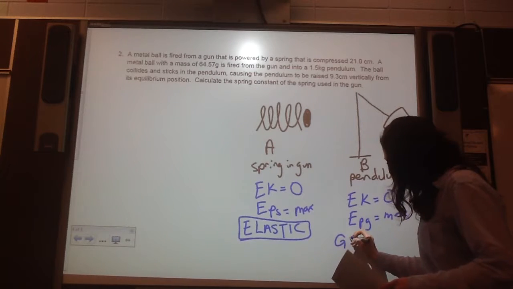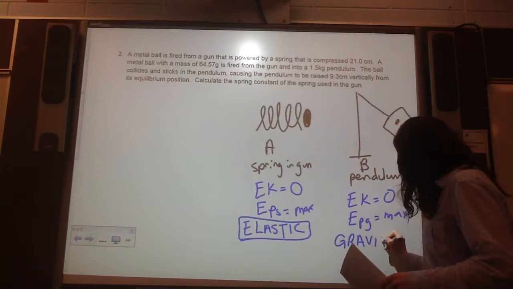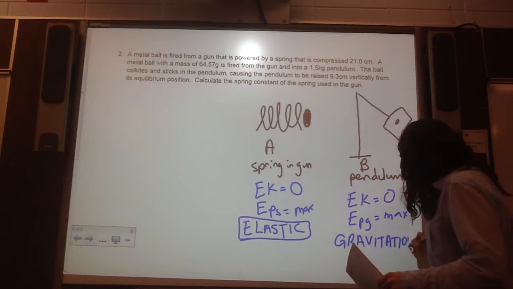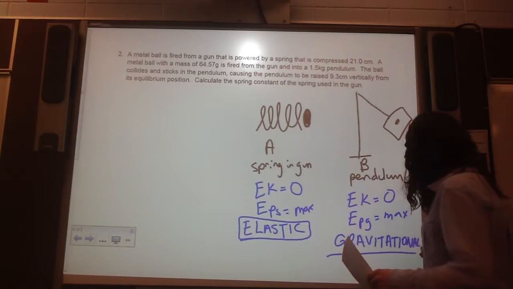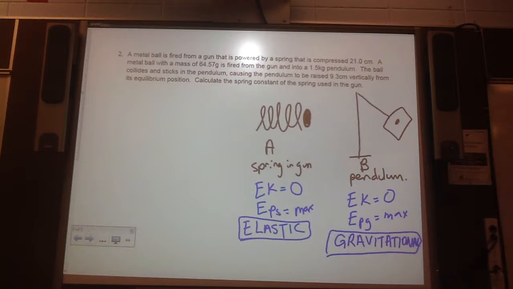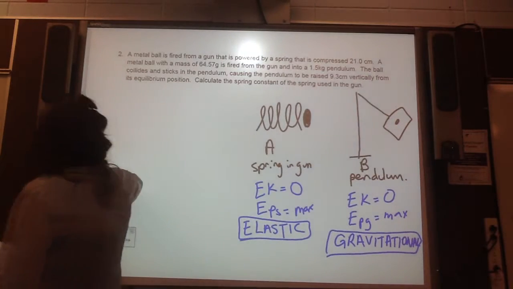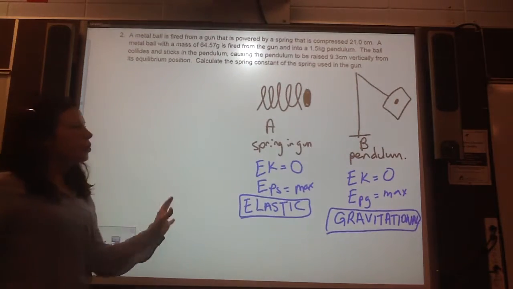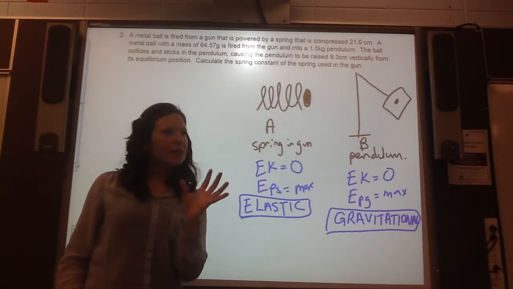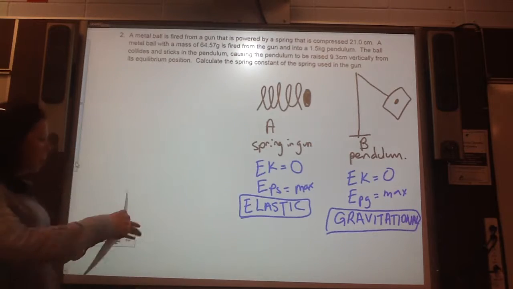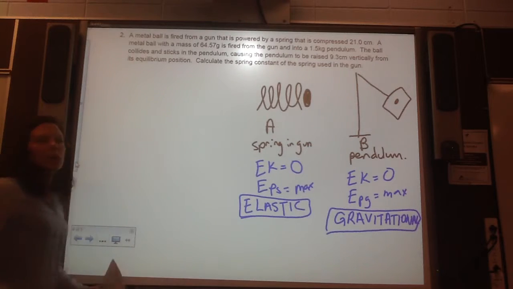So this is gravitational, and this is elastic. I'm just making that distinction, because I'm dealing with two different types of potential energy here. But I'm going to assume that this is all one isolated system.